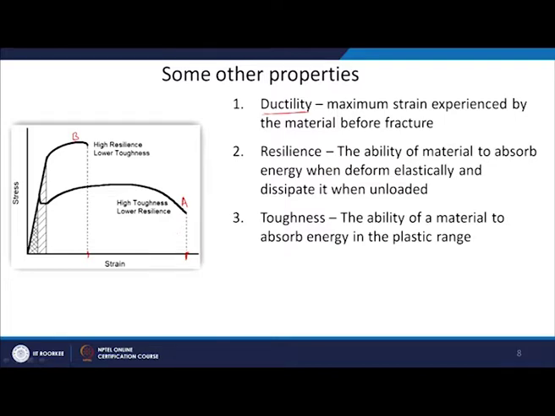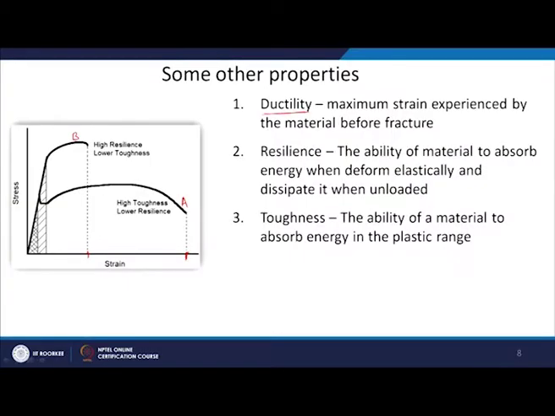Then there are two important properties again, one is called resilience, and that is the energy absorbed by the material when you are deforming elastically. Of course, because elastic deformation is reversible, this energy will be dissipated during the unloading cycle.